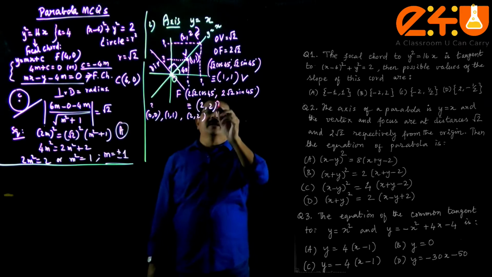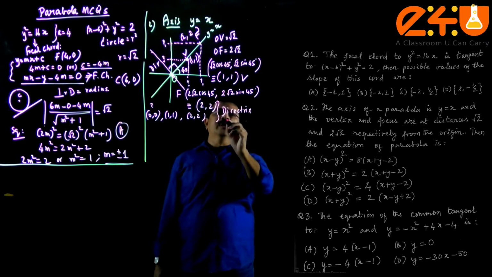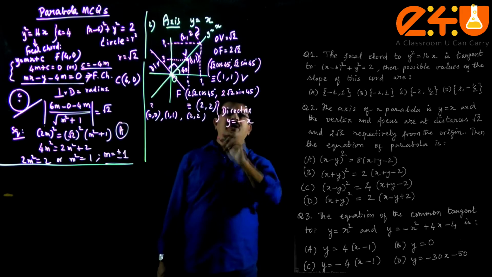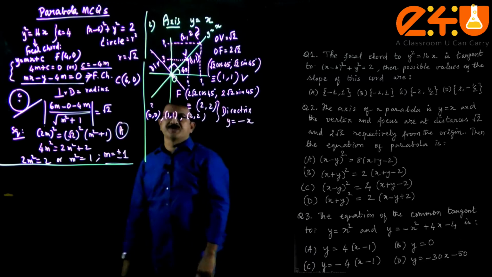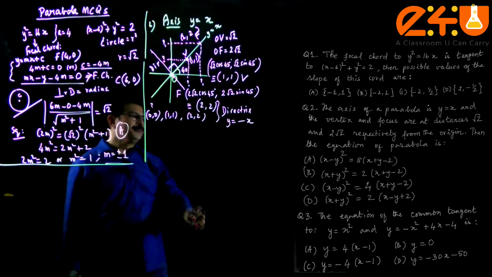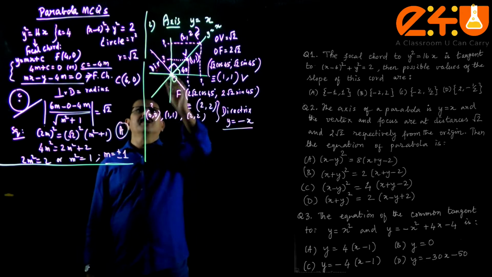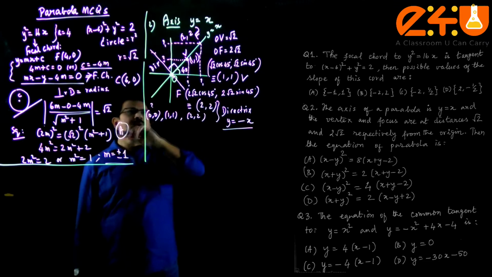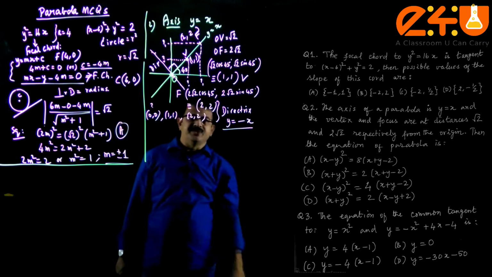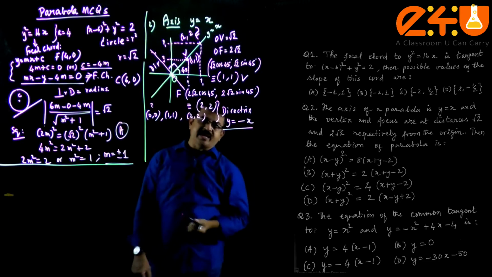So we understand the directrix equation also very well. It is y equal to negative x because it is perpendicular to the 45-degree line. So we can easily see the slope is minus 1, because the slope is tan of 135 degrees, which is minus 1. So y equal to minus x.